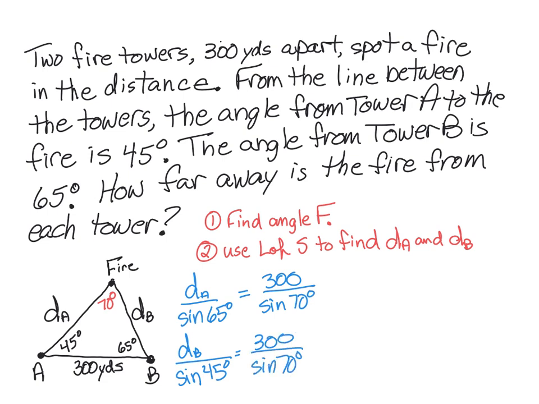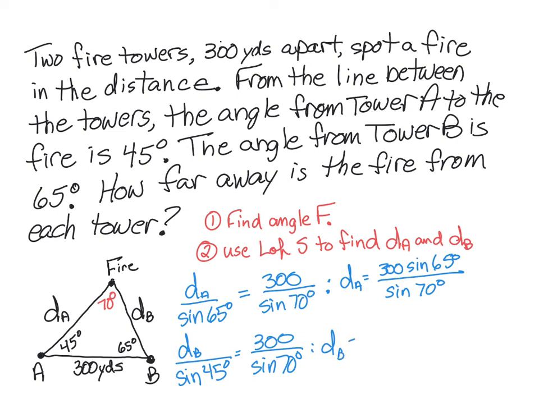You see the way these work, right? So the distance to Tower A is 300 sine 65 over sine 70. Stick it in your calculator.